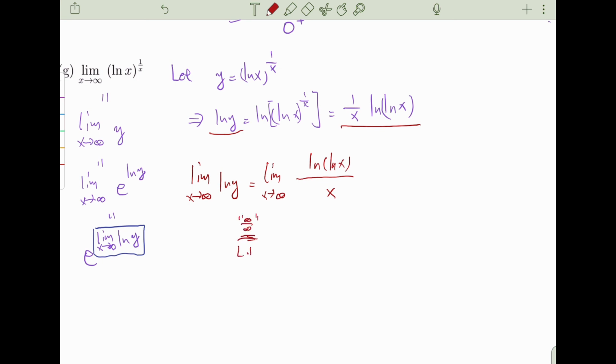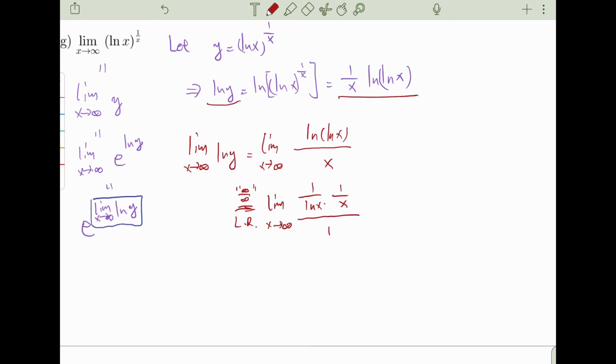So the L'Hopital rule applies. Now I can write this as the derivative of the top, that is 1 over ln of x, times the derivative of the inside, that is 1 over x, divided by 1. Right? And it's obvious that this is 1 over infinity times 1 over infinity. So it's 0.